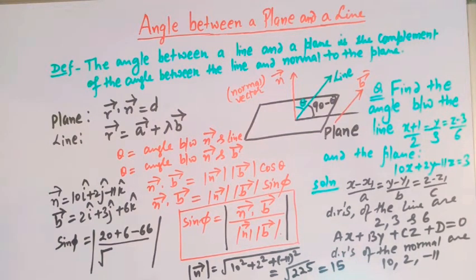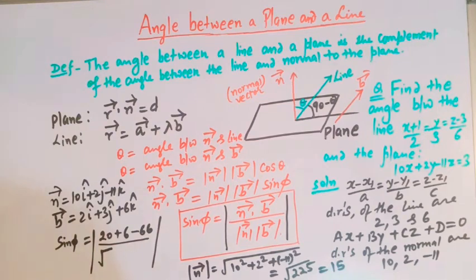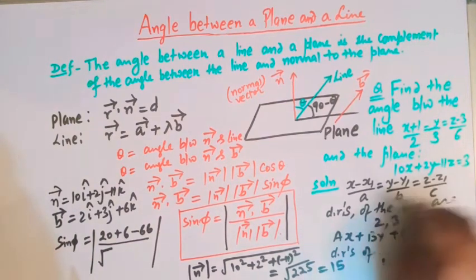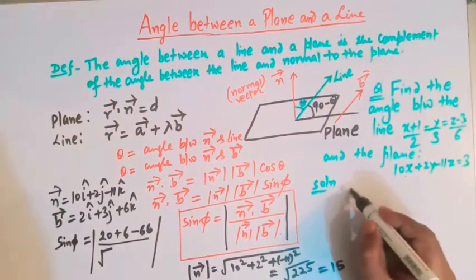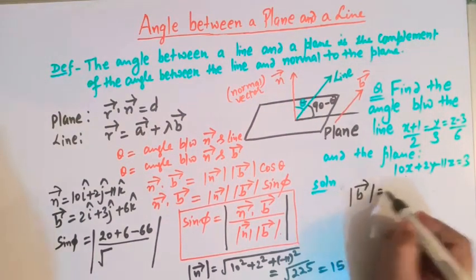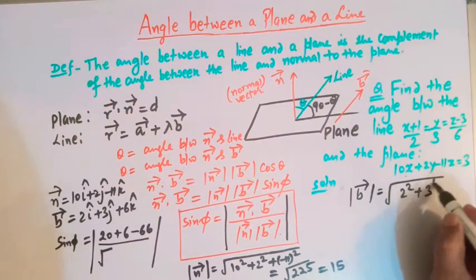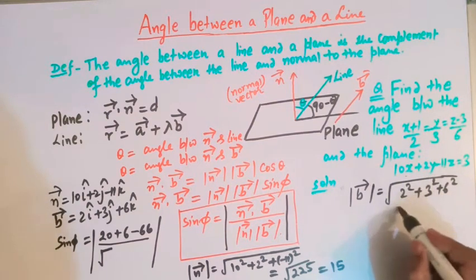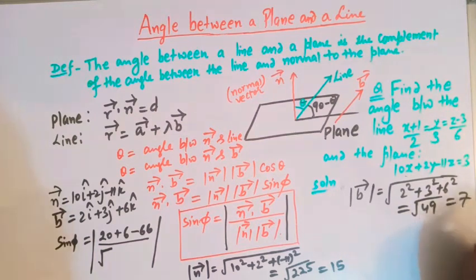Now the magnitude of vector b is square root of 2 square plus 3 square plus 6 square, which is square root of 49, and this is 7.